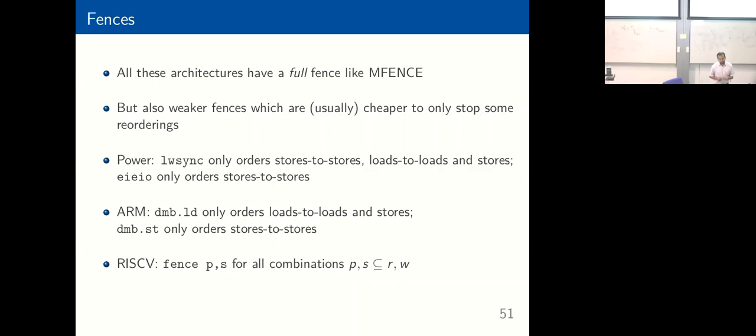They stop reorderings of some kinds of events. For example, for dmb.ld, only loads before and loads after, and loads before and stores after, but not other kinds like stores before and loads after. And differently on dmb.st. And RISC-V, I think this is the most modern of the architectures, the one that, like I said, they're developing in an open source manner. They said to themselves, well, we see this pattern now, let's just get all of those combinations in our architecture.